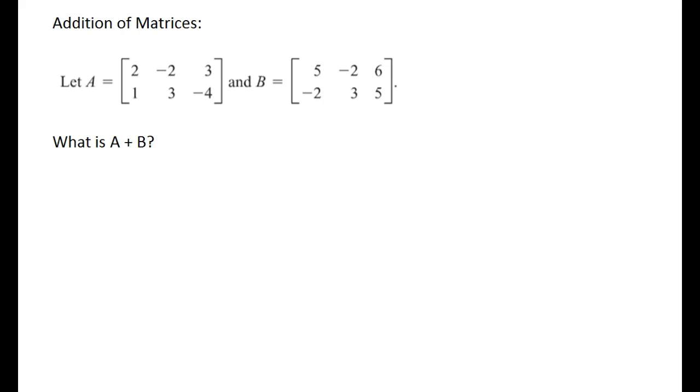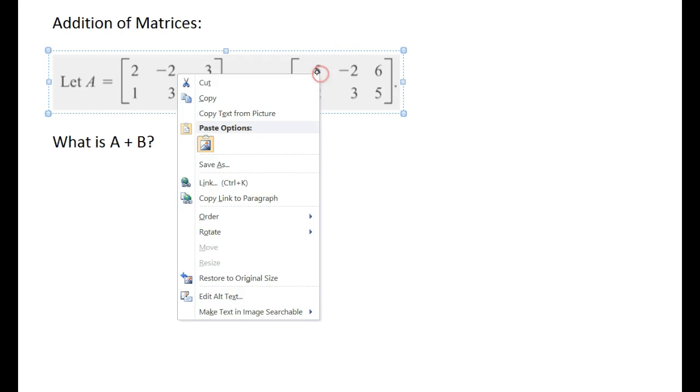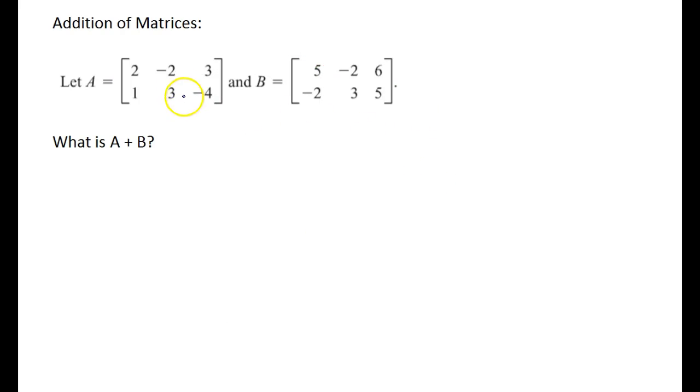Now, how do we add matrices? Well, notice that this term is in the first row, first column. I will add it to the first row, first column term in matrix B. And then I'll do the same thing for the first row, second column, and so on.